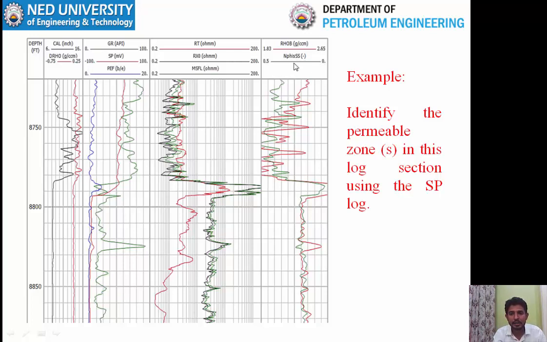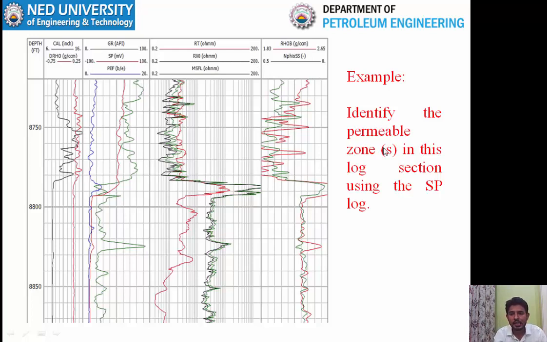So in this case, the neutron porosity has been reported in sandstone unit. Obviously, if you find that these zones are not sandstone, you will convert the sandstone into limestone or dolomite. But again, we will not be using neutron porosity, bulk density, resistivity, PEF or gamma ray for right now.